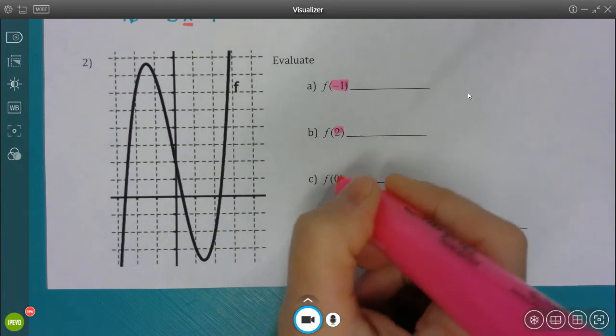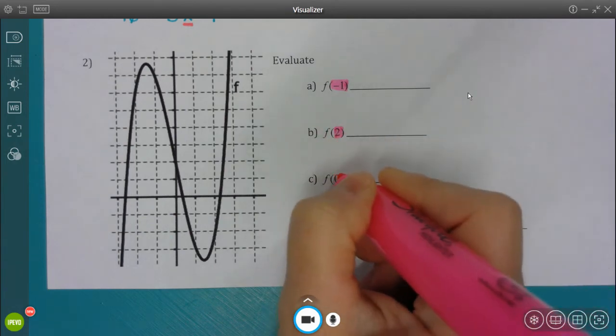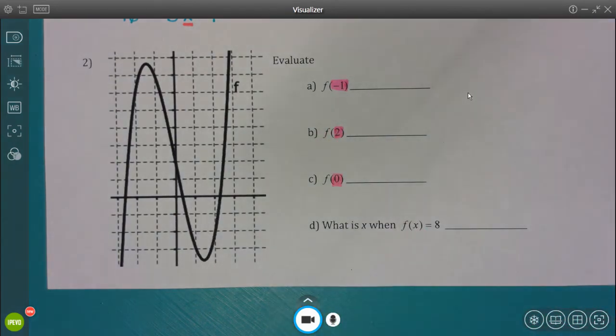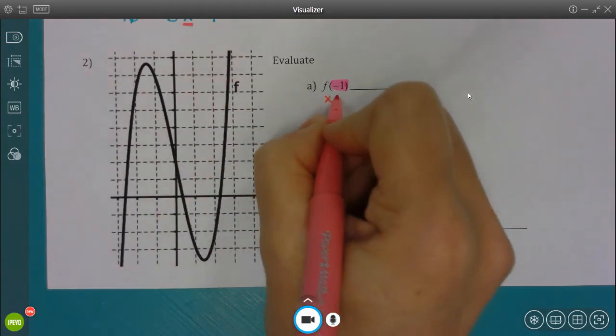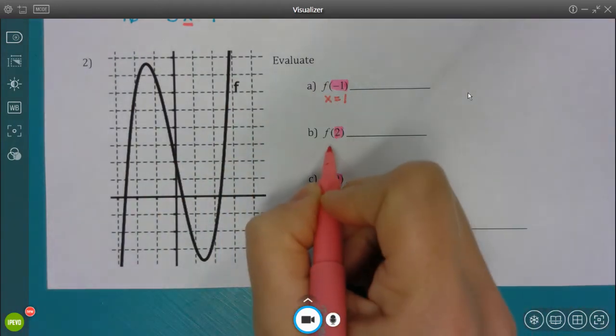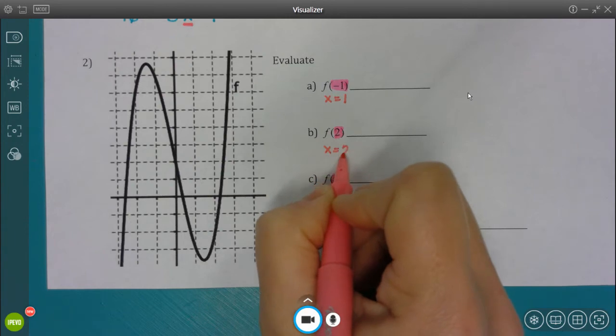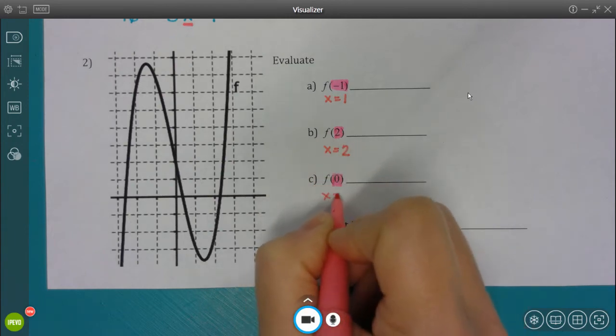So since all of these are inside of the parentheses, those are all input values. So I'm going to go to x equals -1. I'm going to go to x equals 2. And I'm going to go to x equals 0.